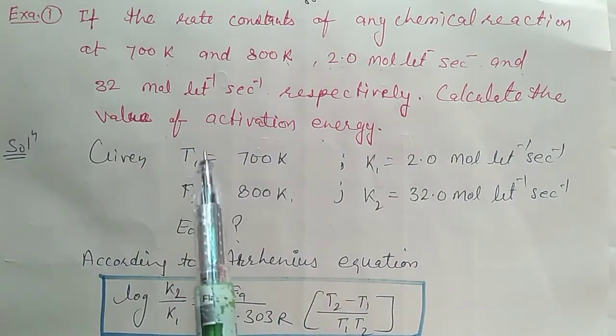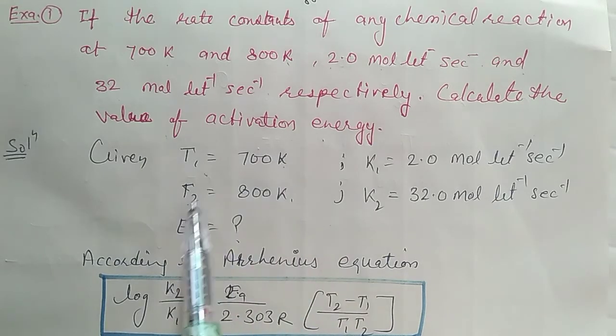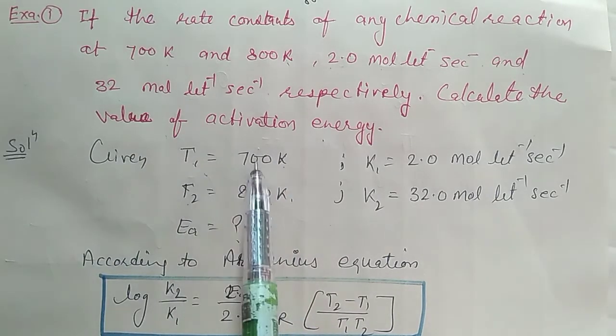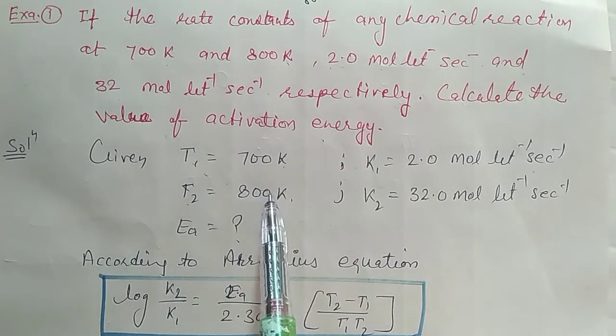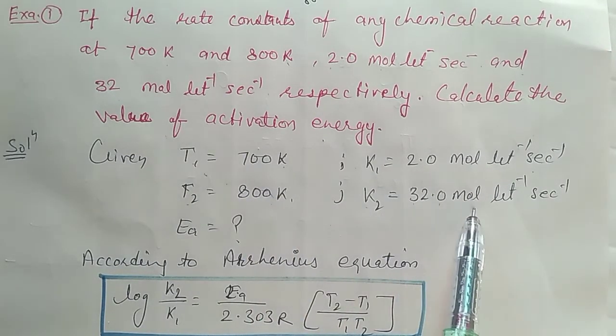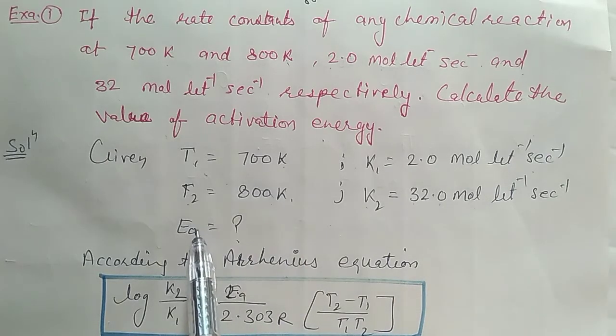What is given here? T1 is 700 Kelvin and T2 is 800 Kelvin. K1 is 2.0 moles per liter per second, and at 800, K2 is 32.0 moles per liter per second, and we have to calculate EA.